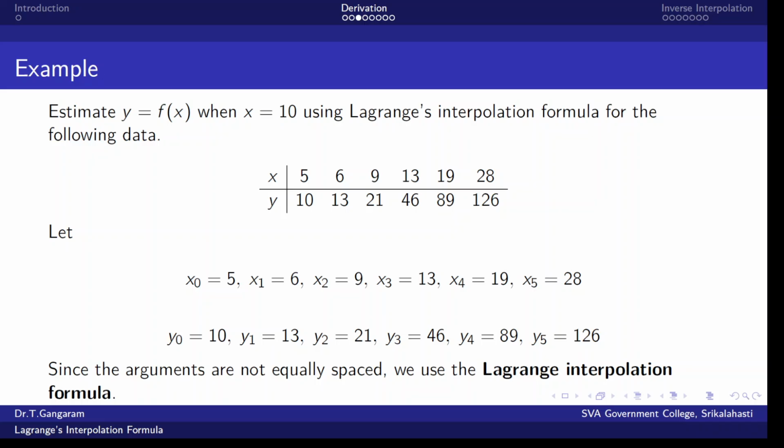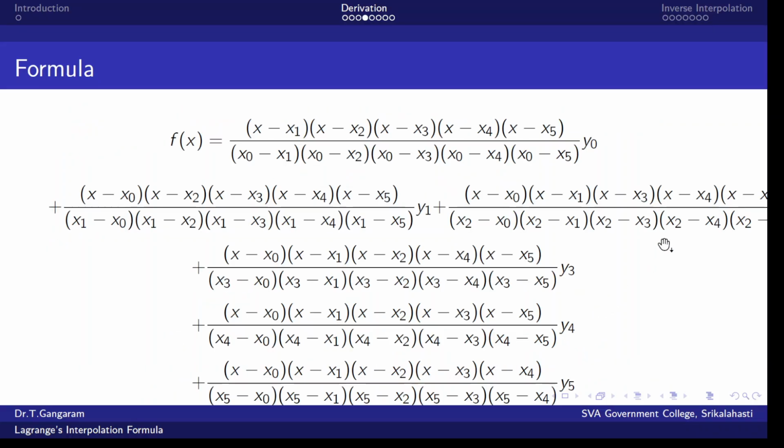Let us discuss an example. Estimate y is equal to f of x when x is equal to 10 by using Lagrange's interpolation formula for the following data. Here we are given 6 arguments, x0 to x5 and y0 to y5. The formula is f of x is equal to (x minus x1)(x minus x2) so on (x minus x5), divided by (x0 minus x1)(x0 minus x2) so on (x0 minus x5), into y0.